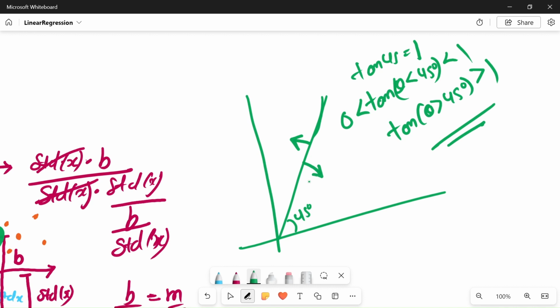And this is what we are doing in our OLS as well. We start with a very standard line. I mean, what's more standard than tan 45 whose slope is coming out to be 1, right? So this is the baseline that we start with, and then we make rotations either on this side or on this side to get to our best fit, right?